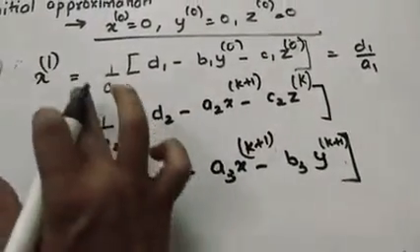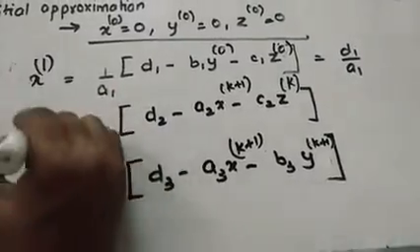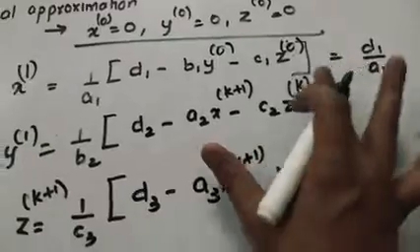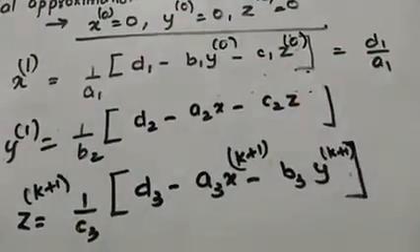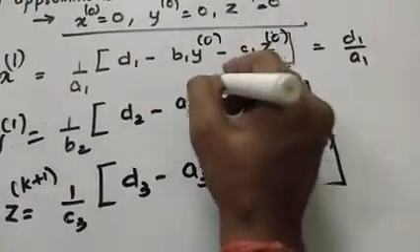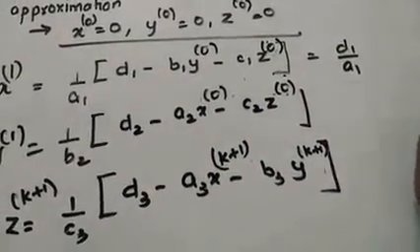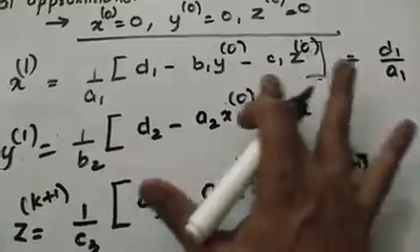Now putting k equals 0, we will get y1. In Gauss-Jacobi, we put z0 and x0 here. This is already done in Gauss-Jacobi, but not in Gauss-Seidel.